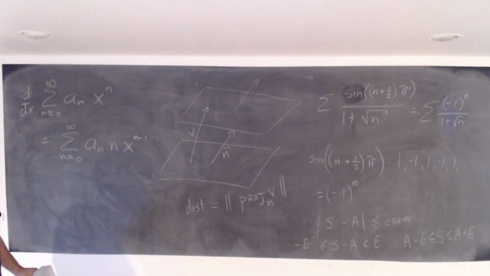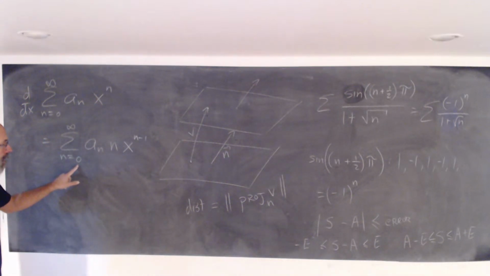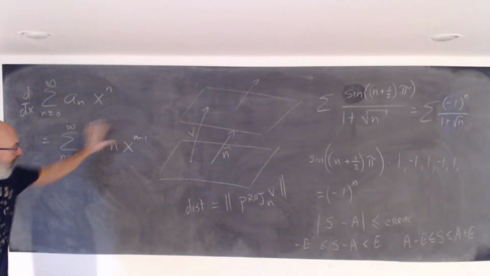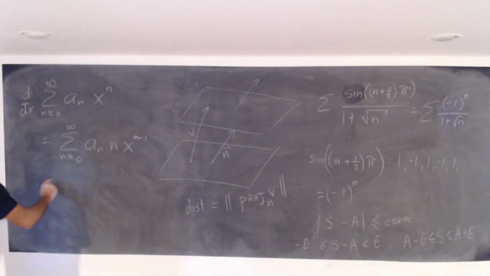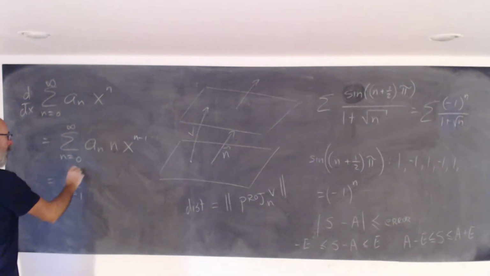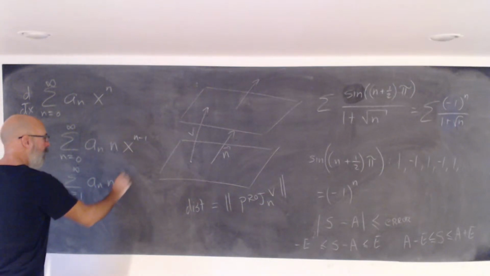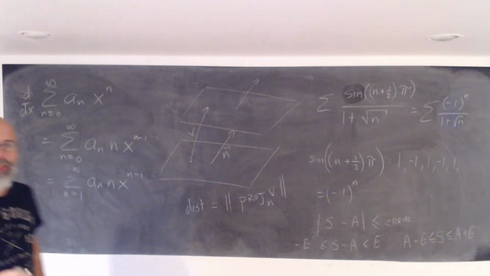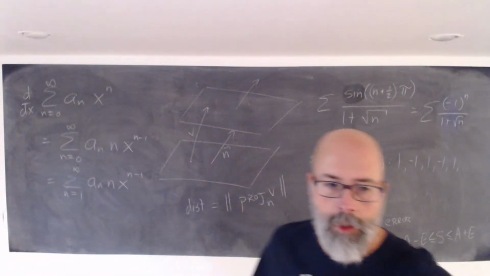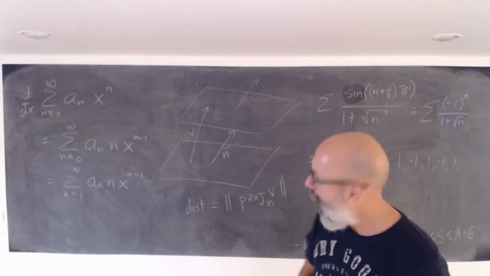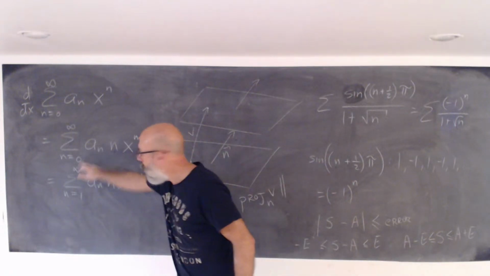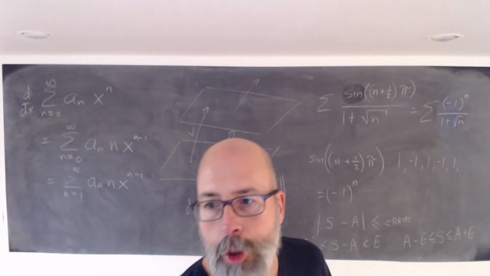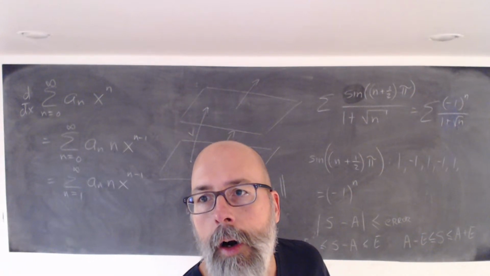Period. That's the answer, and everybody's fine with that. However, when n is 0, the first term is 0. So you may decide to start it at 1 if you want. You don't have to. Sometimes it's useful to do so. Sometimes it's useful to leave it at 0. It depends on the situation.